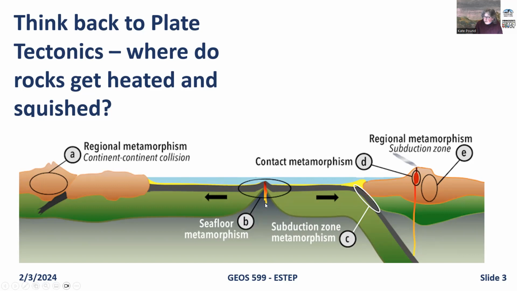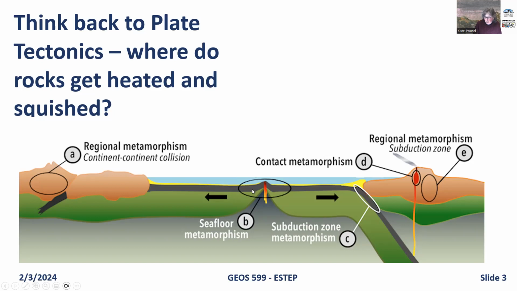And because of that molten material that is rising up, we've got high heat flow here. And so a lot of the rock that is formed here actually gets weakly metamorphosed. We call that seafloor metamorphism.